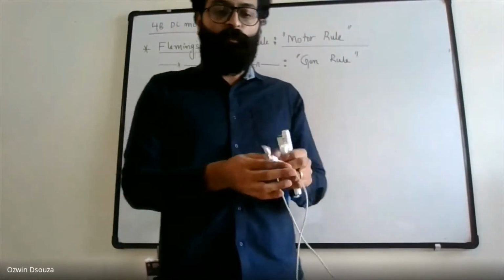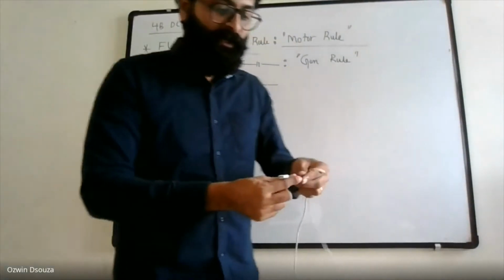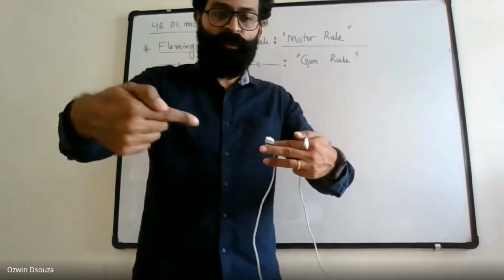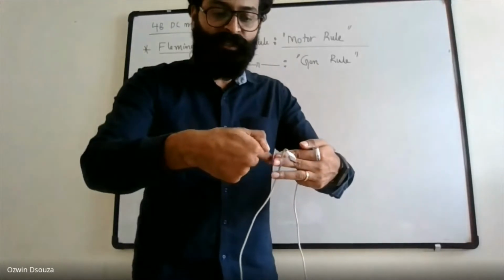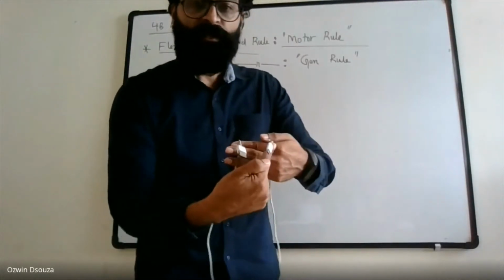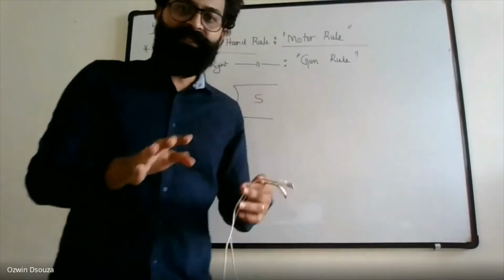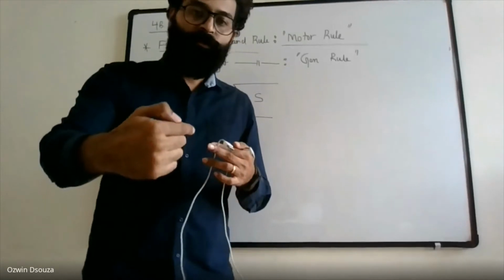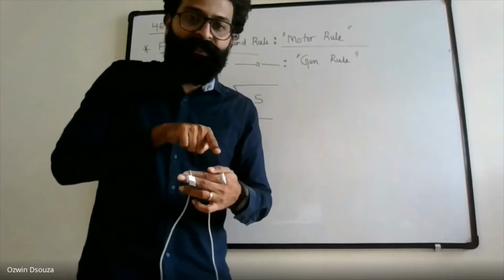What happens in a DC motor is that on one side the current gets in, it flows into the conductor, and then it comes out on the other end. If you consider any conductor, it will have two terminals. At one terminal, the current gets in, and at the other terminal, the current gets out.